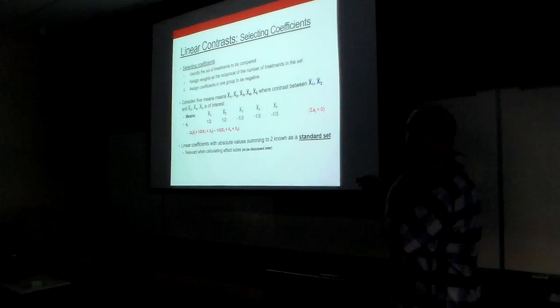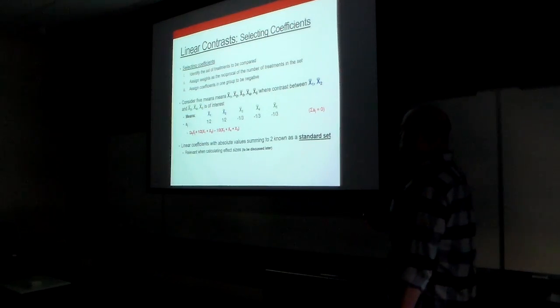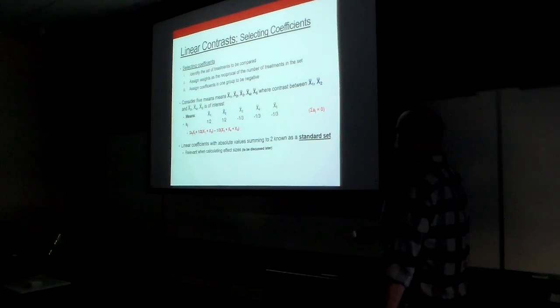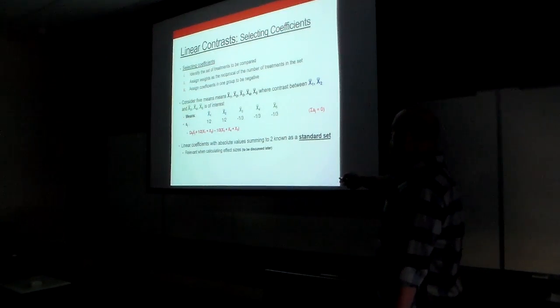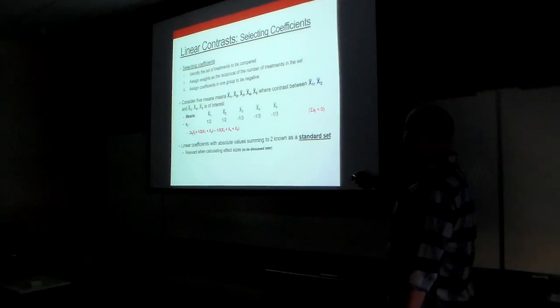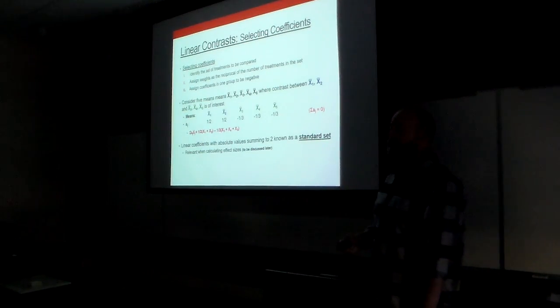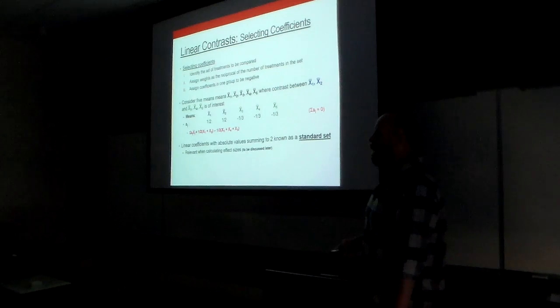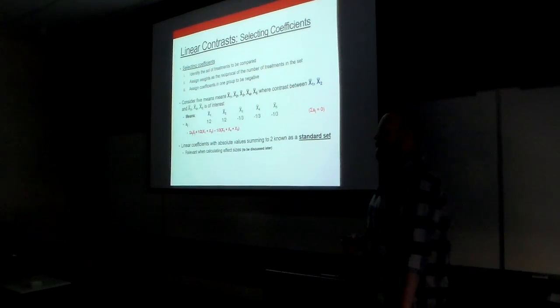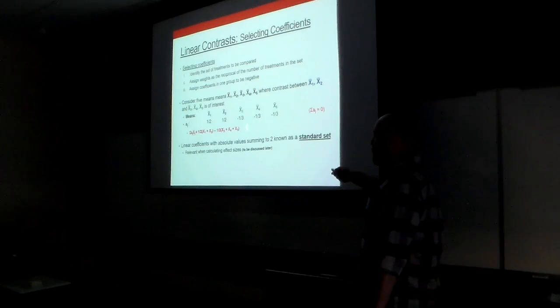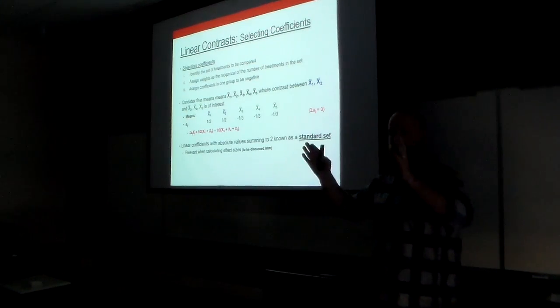All right. So we know that we have a set of linear coefficients if we add up our coefficients and they equal 0. But if we add up the absolute values of our coefficients, and those sum to 2, what we have is a standard set. Absolute value is just dropping the sign, making everything positive.